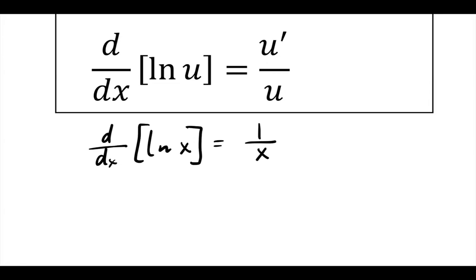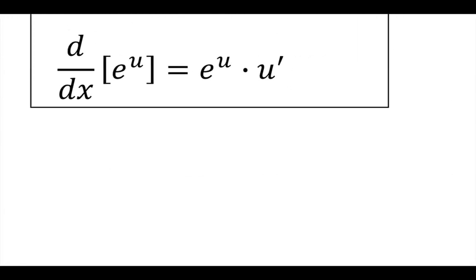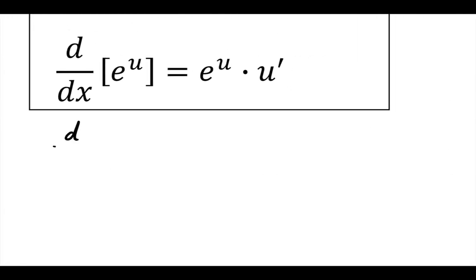Okay. Same thing over here. We haven't had any e's yet, but let's say I just have an e to the x power. What's the derivative of e to the x going to be? Well, what does it do first?